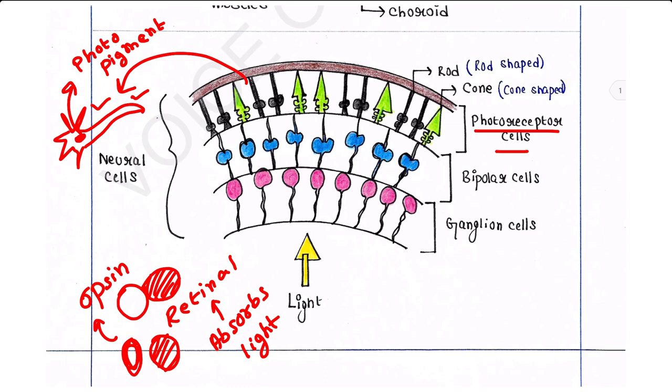And that potential difference produces a signal that generates action potentials in the ganglion cells through the bipolar cells. So you can see that from these photoreceptor cells, the action potential is now coming toward the bipolar cells, and from bipolar cells, it is now coming to the ganglion cells.